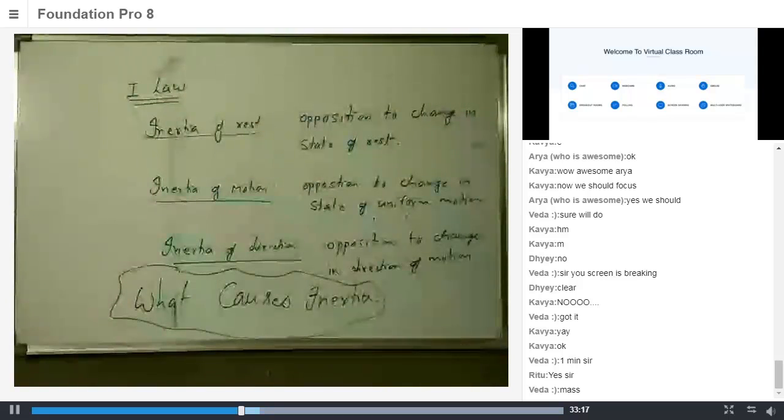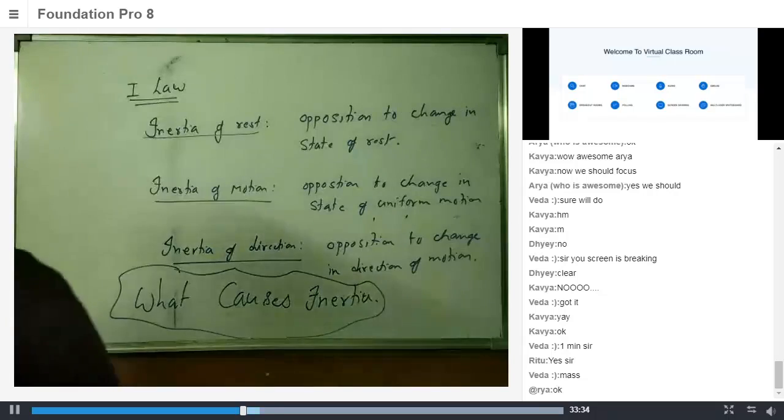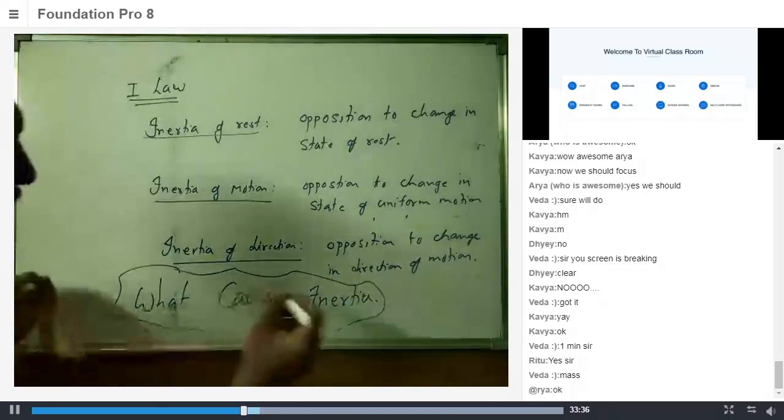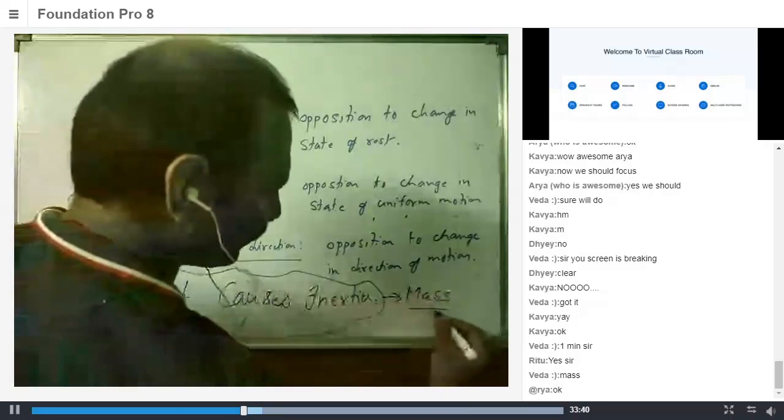It's difficult to move a body which is heavier than a body which is lighter, right? So that means the more the mass, the more the inertia. So if mass is more, then inertia would be more. A very important thing: it is the mass of the body which is the cause of inertia.